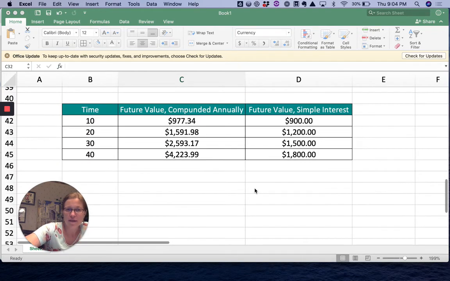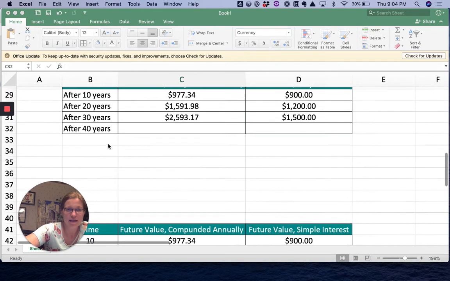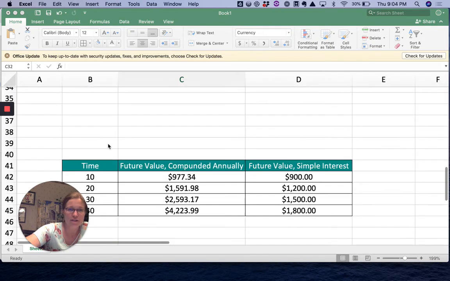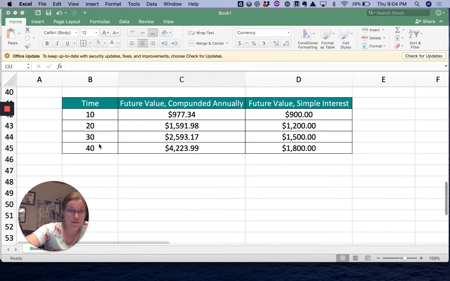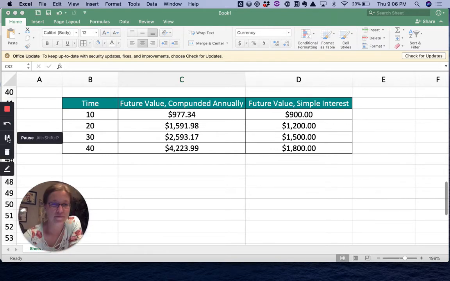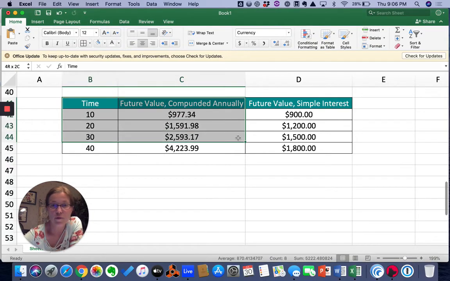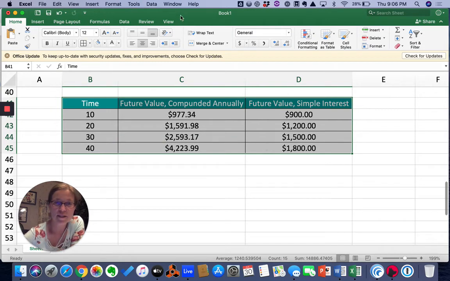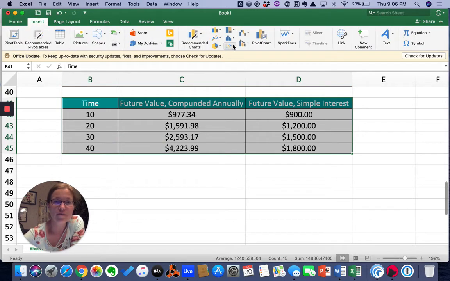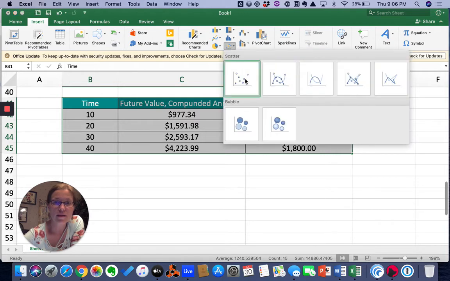So I've remade this chart, but instead of saying after 10 years, after 20 years, I just put the number of years. It'll make my graph work out better. So to use Excel to make a graph, I am going to select my chart and go over to Insert, and I'm going to pick Scatter.